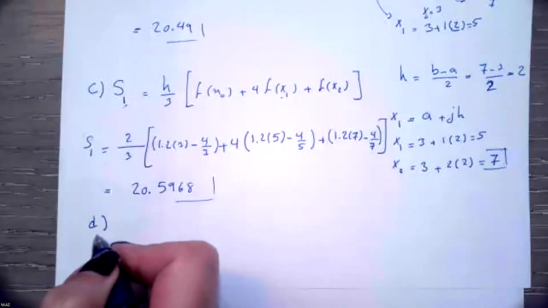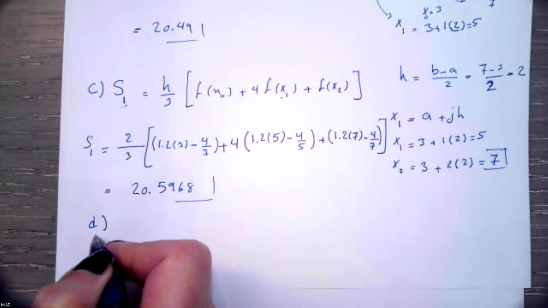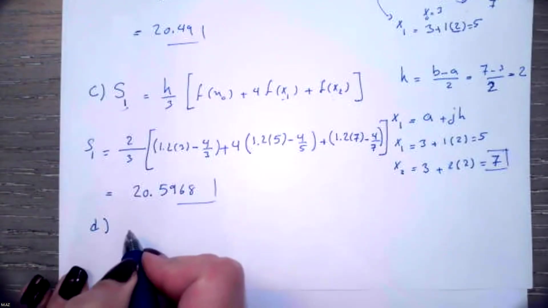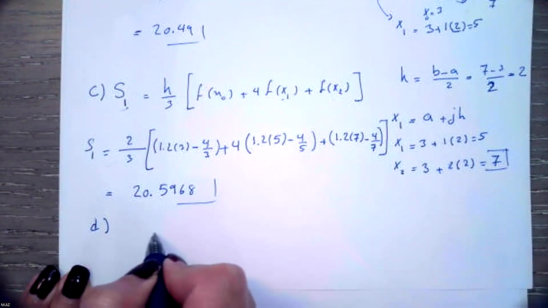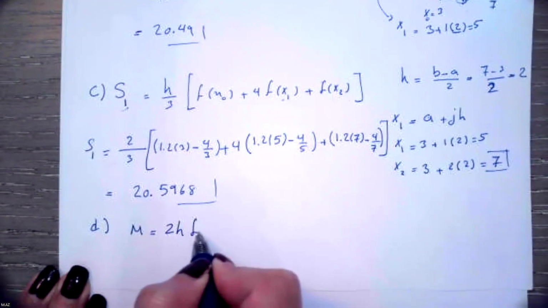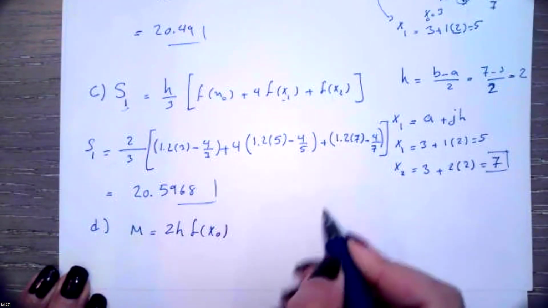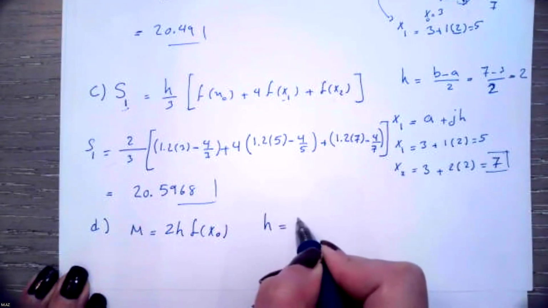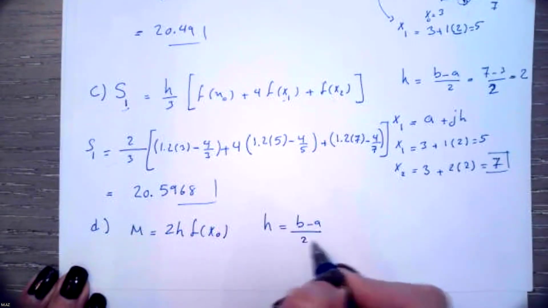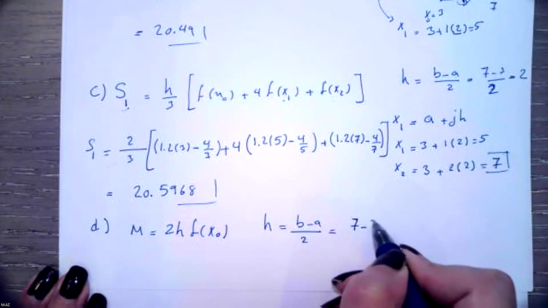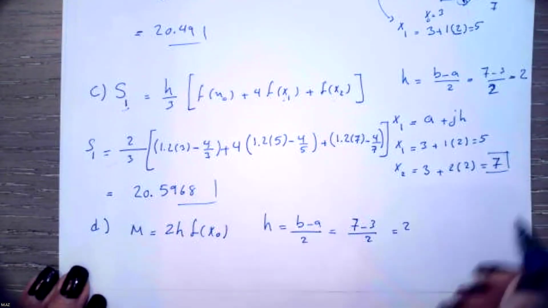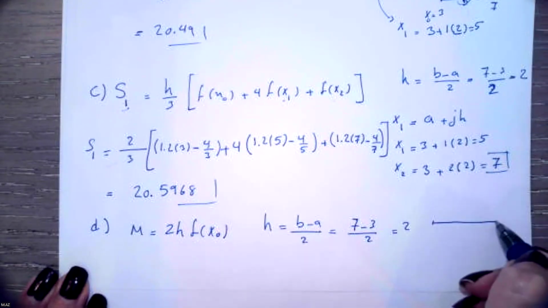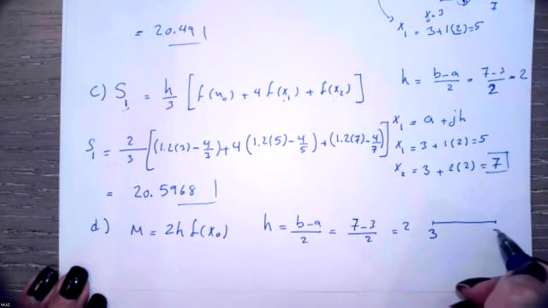The equation of the midpoint is 2h f of x. The h is defined by this equation, 7 minus 3 over 2 equals 2. And this is our interval.